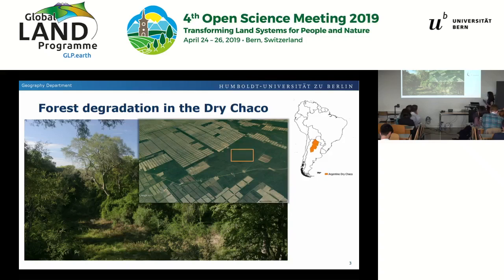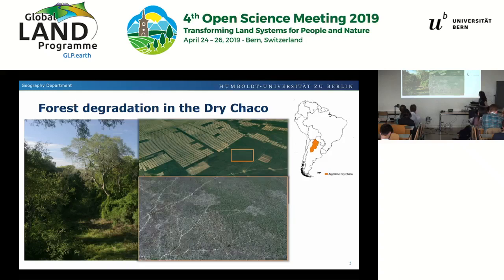However, if we focus on what is left of the forest, we see that it is also highly degraded. While we know quite a lot about the deforestation in the Chaco, like rates and how it worked, we really know little about the degradation.